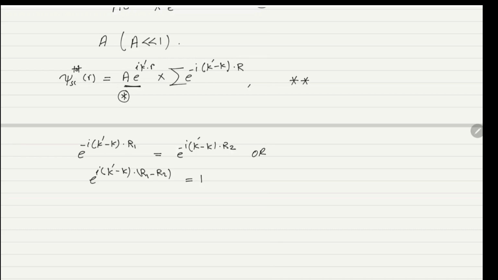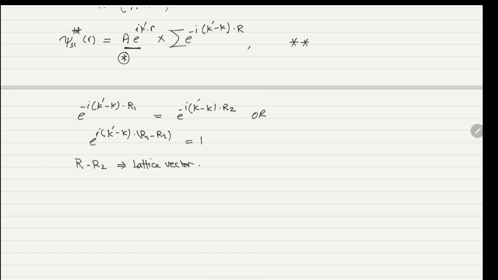This has to be equal to 1, and remember R1 minus R2 is just a lattice vector. Therefore, the condition for constructive interference becomes e to the i (k prime minus k) dot R equals 1. And remember, this is the condition for constructive interference.